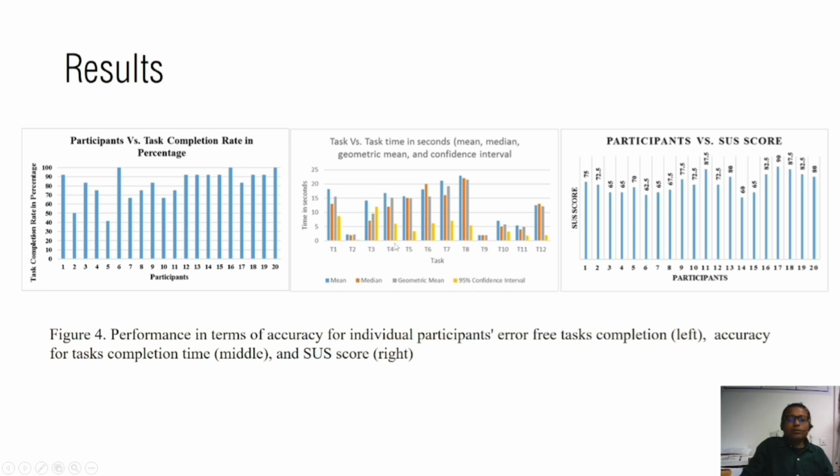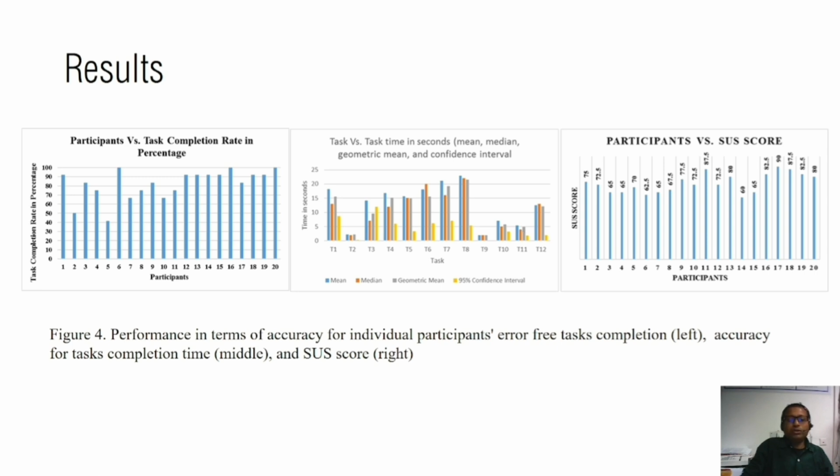Also, for calculating the task time for each task, we found the maximum time required to perform a task was between 20 to 25 seconds, and the minimum was 2 seconds. We observed that the frequently used tasks like T2, T9, T10, T11 and T12 were done in very few seconds.